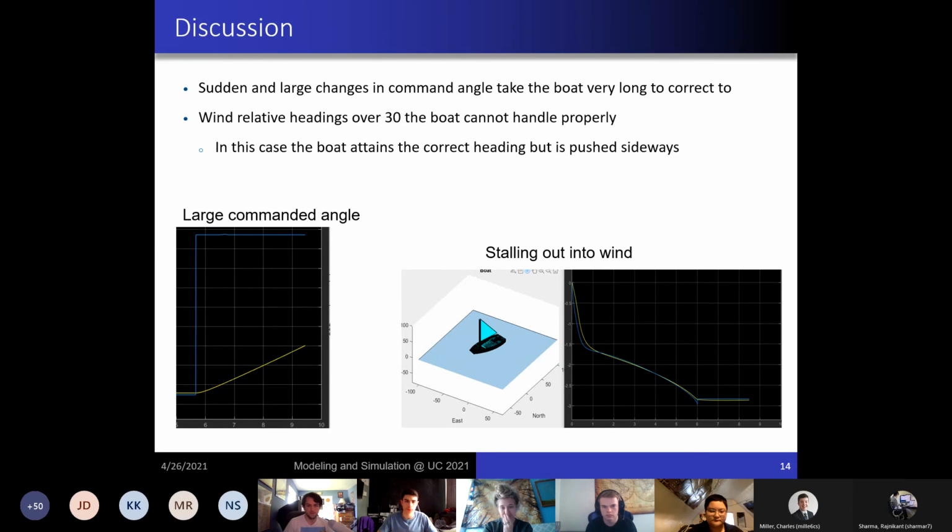And also, if the winds are unfavorable, if they're outside of a sort of 30-degree angle within the heading of the boat, then it has difficulty going to its desired location. As you can see in that chart to the right, the boat turns into the wind and tries to make use of it, but it stalls out and kind of just drifts because it can't go anywhere because the wind is not blowing in favorable directions. So, next slide.